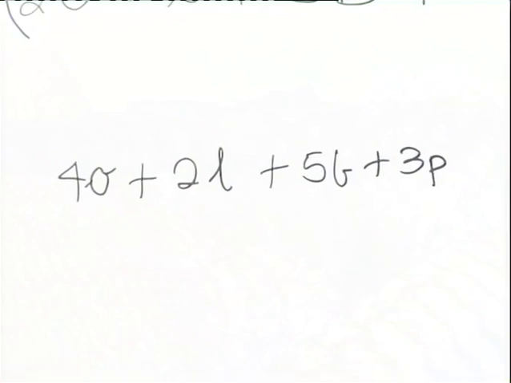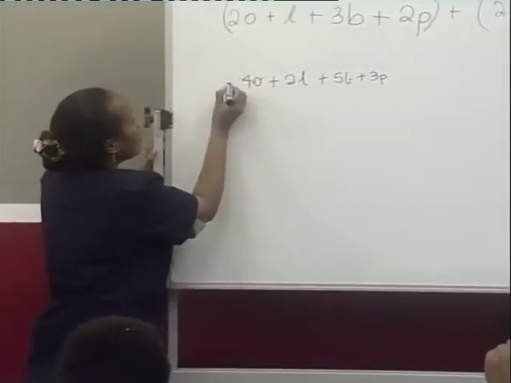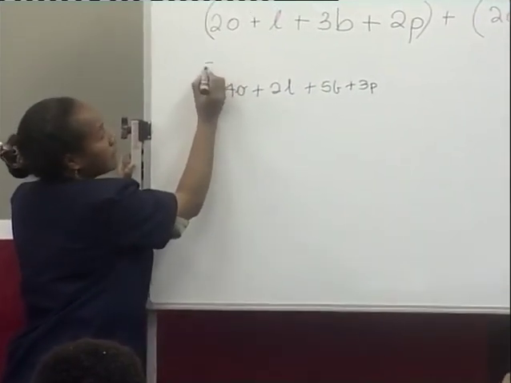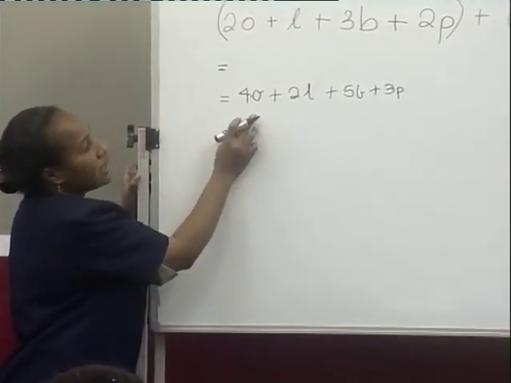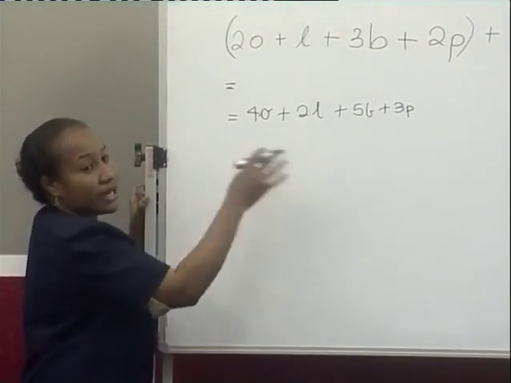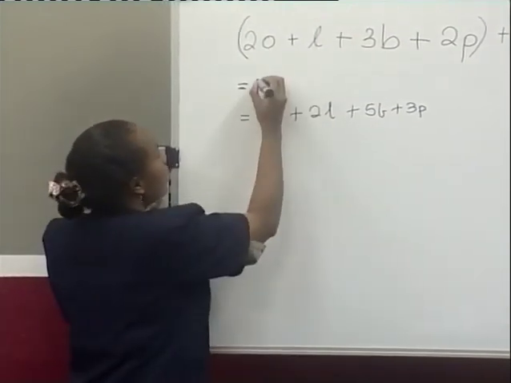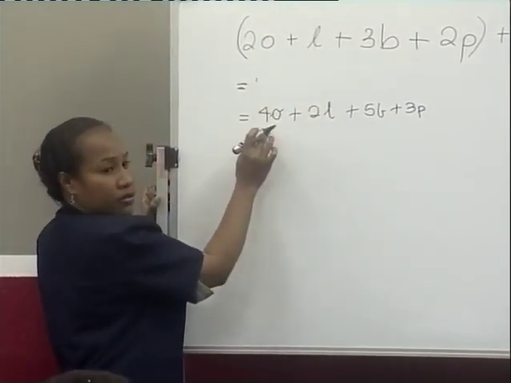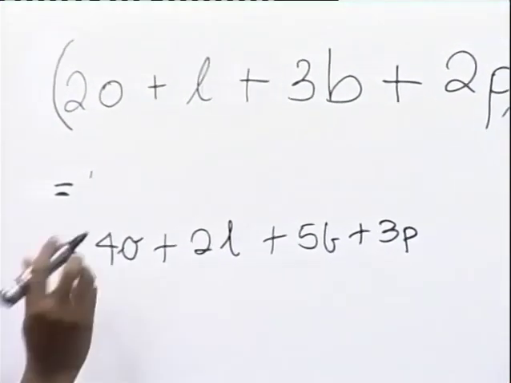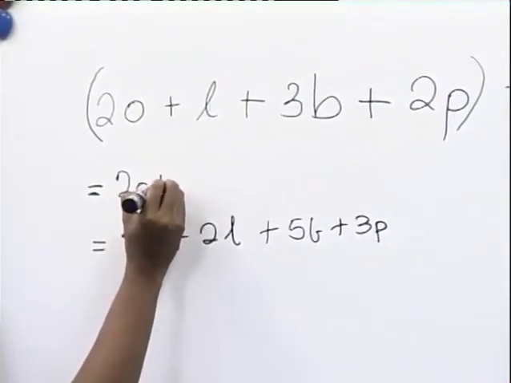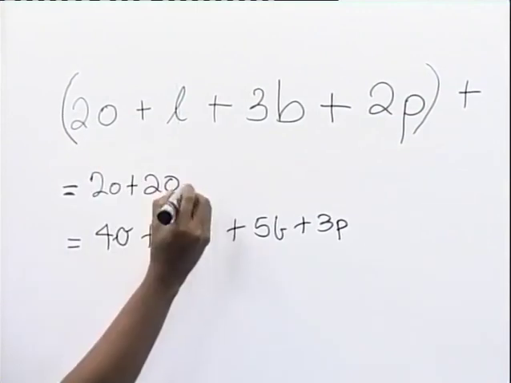Okay, all agree? All right, let's see. When we always put the equal sign, before you go to the answer, you bring all the like terms together. So how did she get 4 oranges? 2O plus 2O, right?